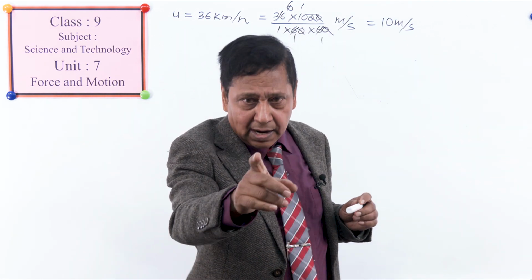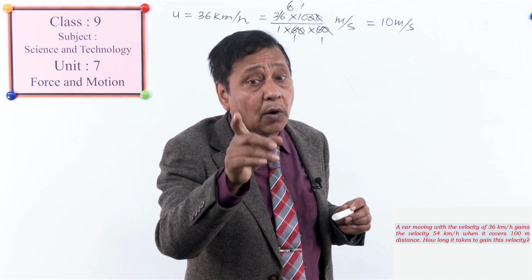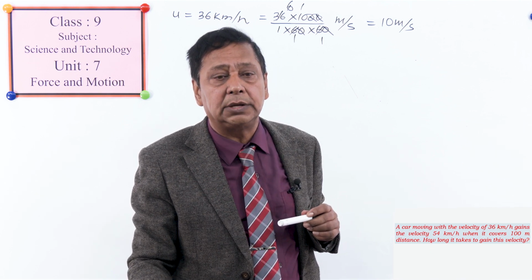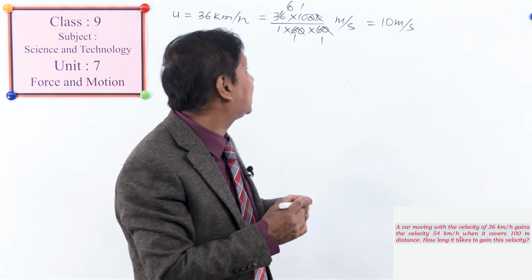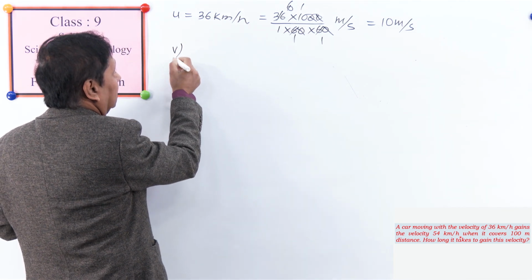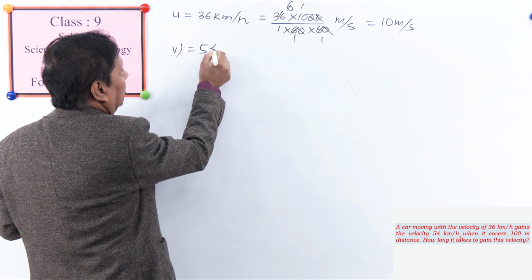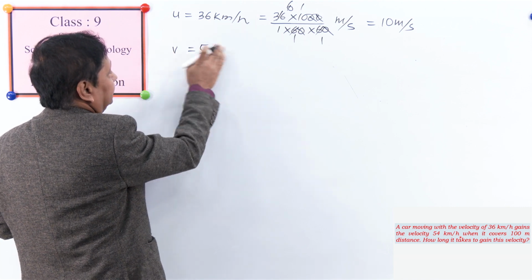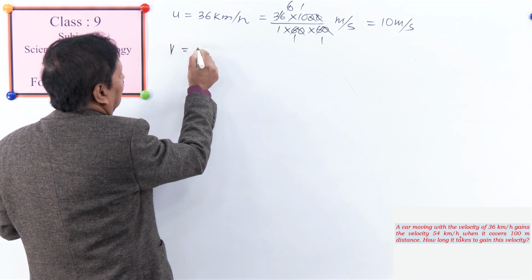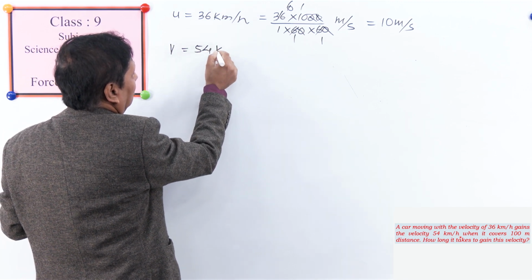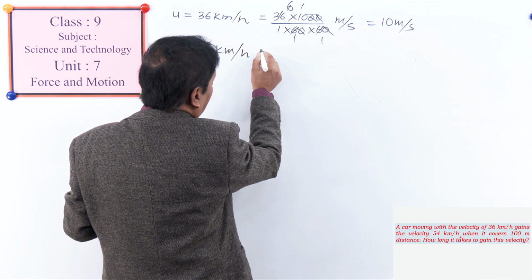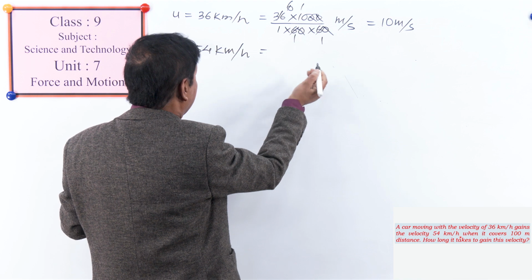Now, looking at the question, we have to write other information also. Gains the velocity of 54 kilometer per hour. This is final velocity. That's why I'm writing final velocity V is equal to 54 kilometer per hour. Now, kilometer has to be converted into meter. How?